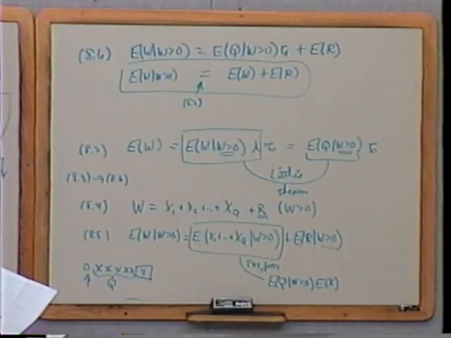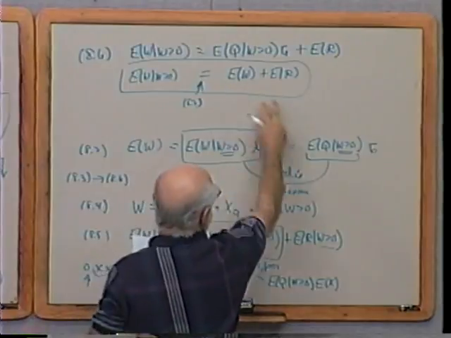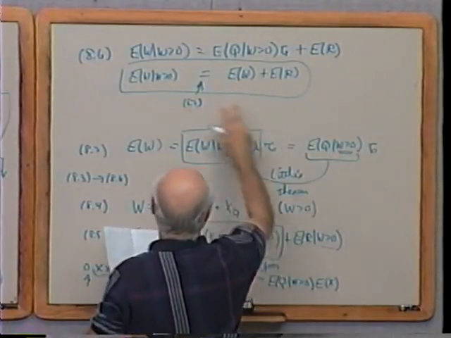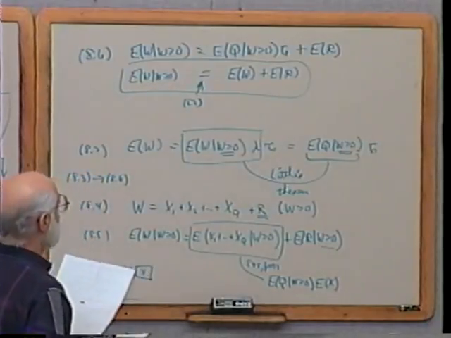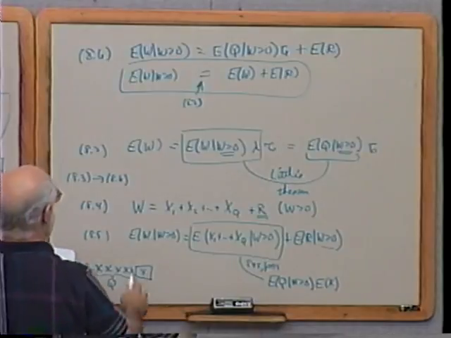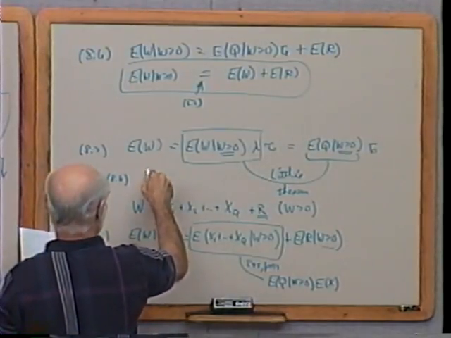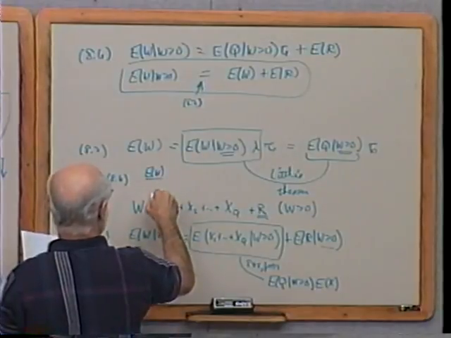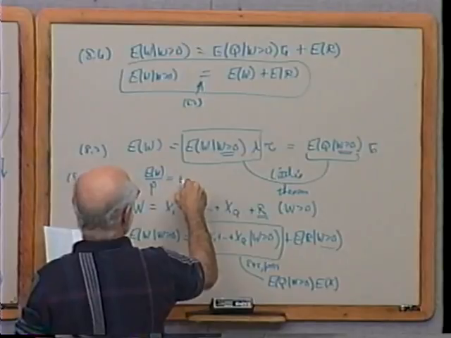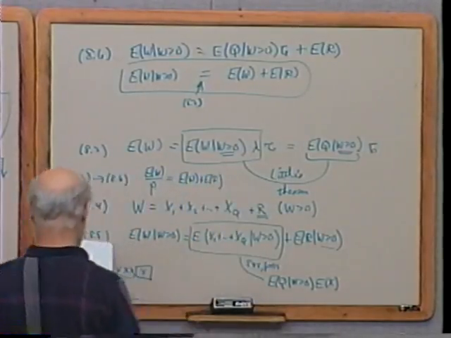If I take 8.3 and put it into 8.6, then this piece is replaced by that, and I can then bring this over to the left side of the equation, and the result is the following. I get the expected value of W divided by rho is equal to EW plus ER.